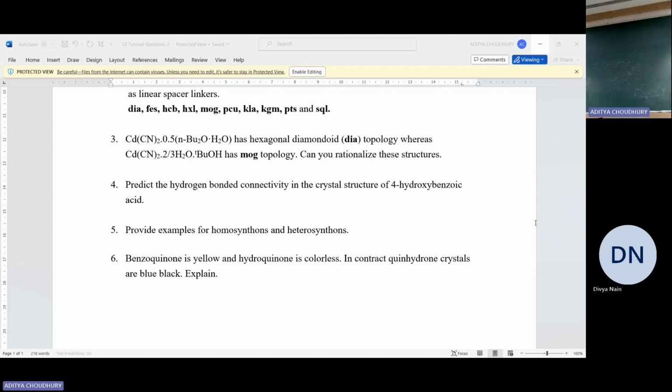In contrast, the quinhydrone crystals, which are a combination of these two, are blue-black in nature. Actually, it looks very black in color, though one is yellow and the other is colorless.